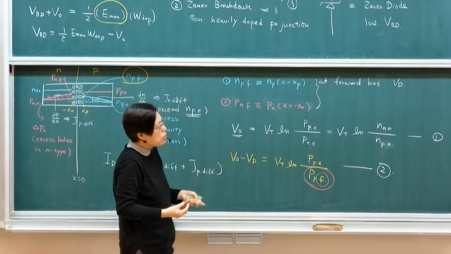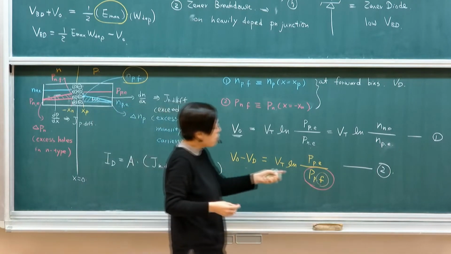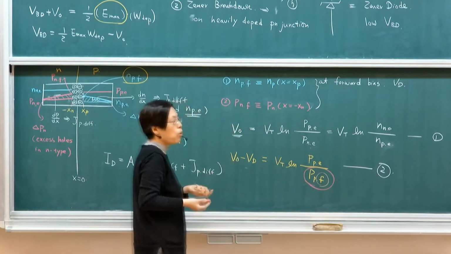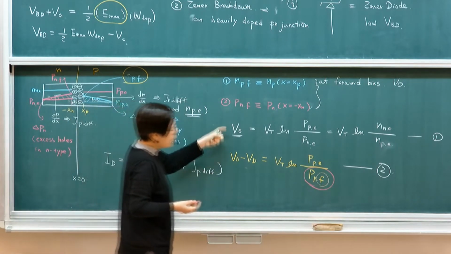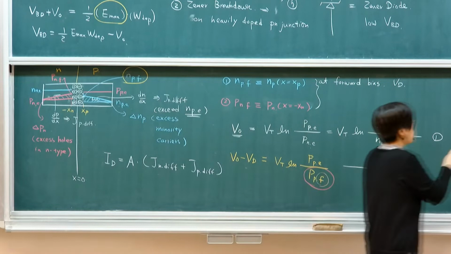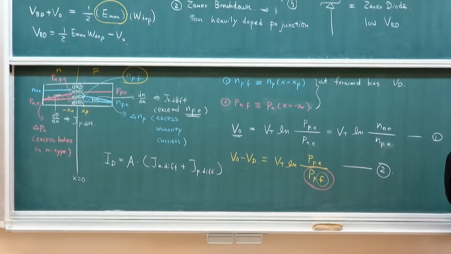So using these two equations, we want to get PNF as a function of other or predetermined parameters. So what I'm doing is I'm going to do 1 minus 2. On the left side it will be VD. On the right side it will be ln.